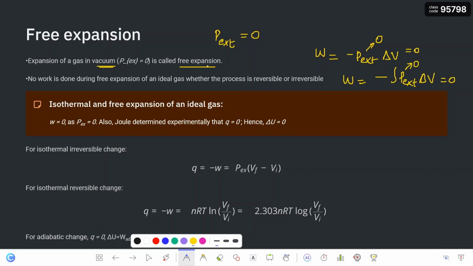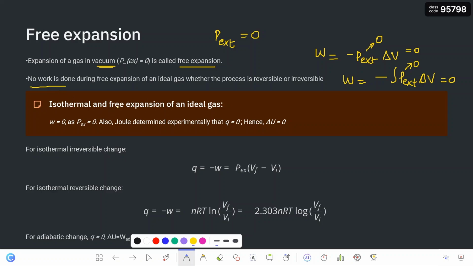So whether it is reversible or irreversible, it doesn't matter. Work done during a free expansion will be equal to 0. No work is done during the free expansion of an ideal gas. So you should know that when it is a free expansion, the external pressure will be equal to 0, and whether the process is reversible or irreversible, no work is done. W will be equal to 0.